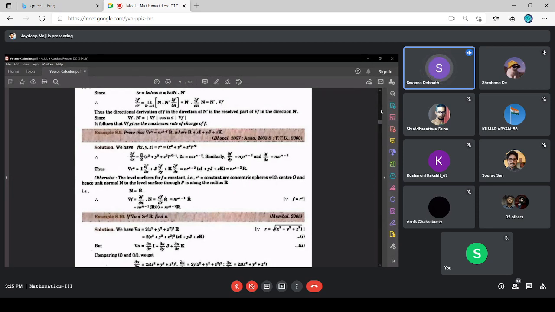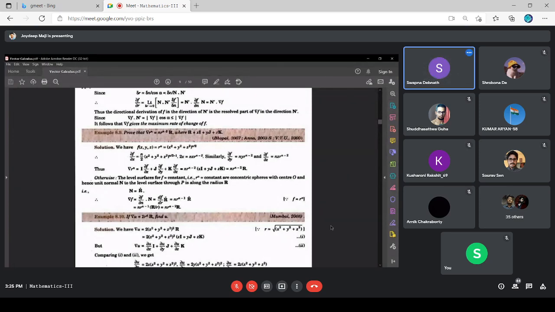Similarly, in 8.10 also, find u if del u is equal to this. That is simple. The right hand side they have calculated, and del u on the left hand side is i ∂u/∂x plus j ∂u/∂y plus k ∂u/∂z.